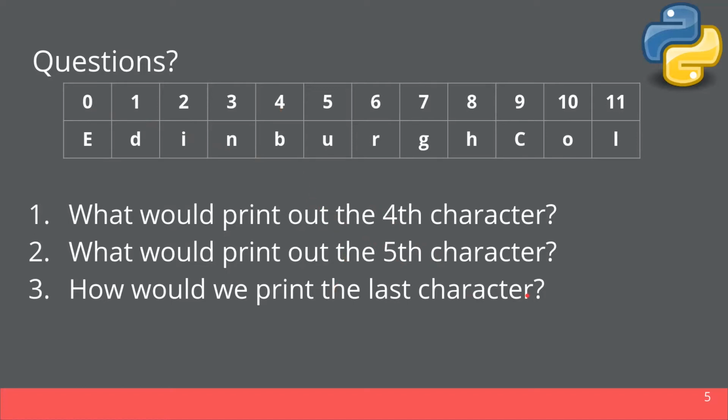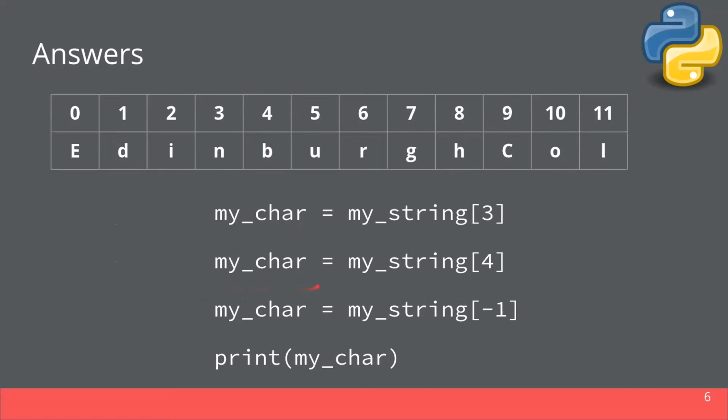The last character, we could do square brackets and give the index number of this, or what we could do, and I'll show you a little trick here, is we could use something called the negative index. So there's how we get the characters out. This negative index here, -1, is actually 1 from the end.